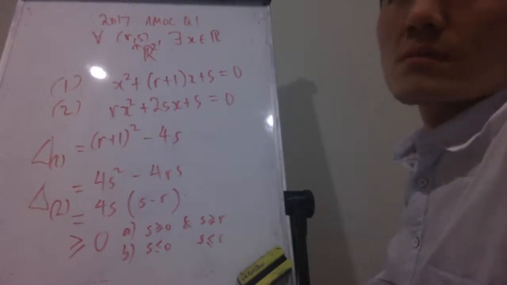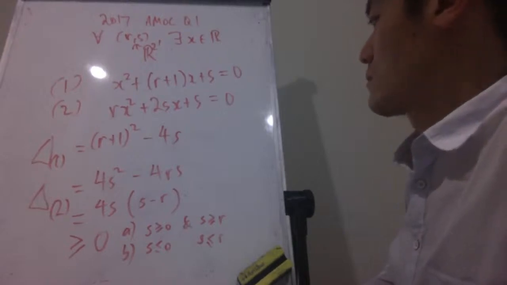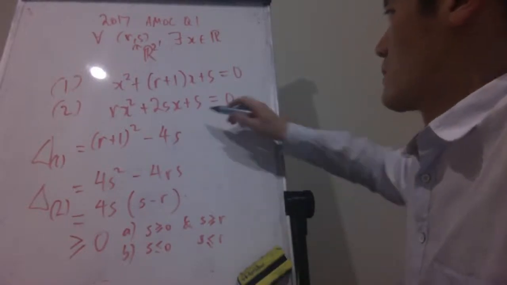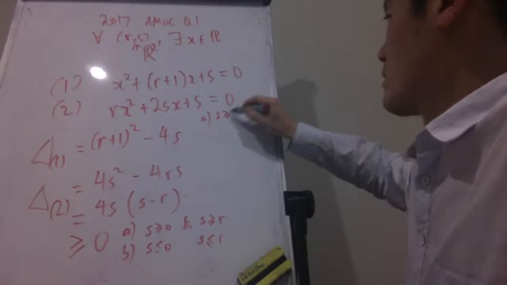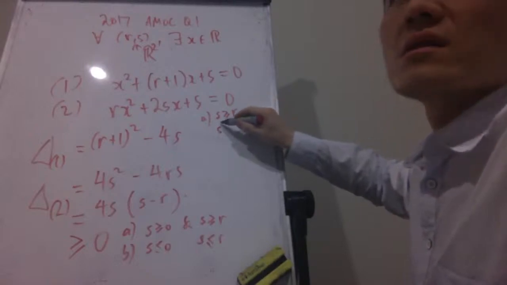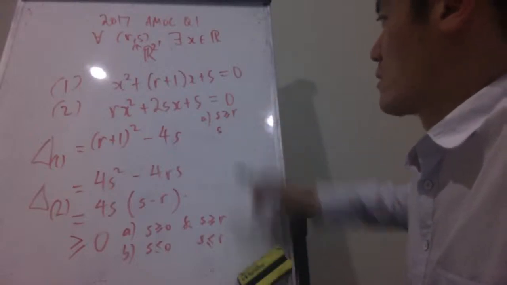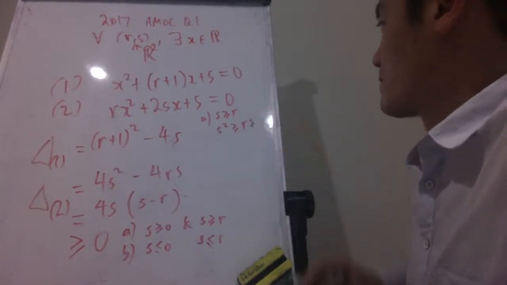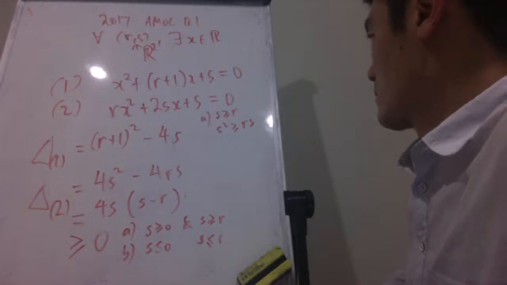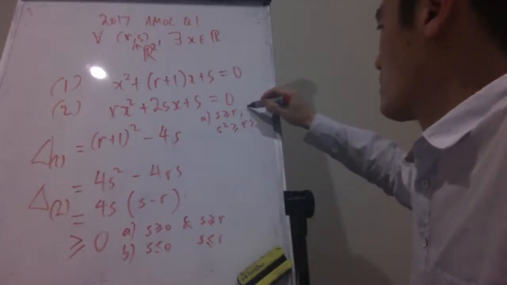If S is larger or equal to R, then you can see that S is larger than R. Oh, so you're saying if S is greater than or equal to R, then S squared is greater than or equal to Rs. And move the Rs to one side, and you see that S squared minus R is larger or equal to 0. Okay, so you need S to be positive, yeah?